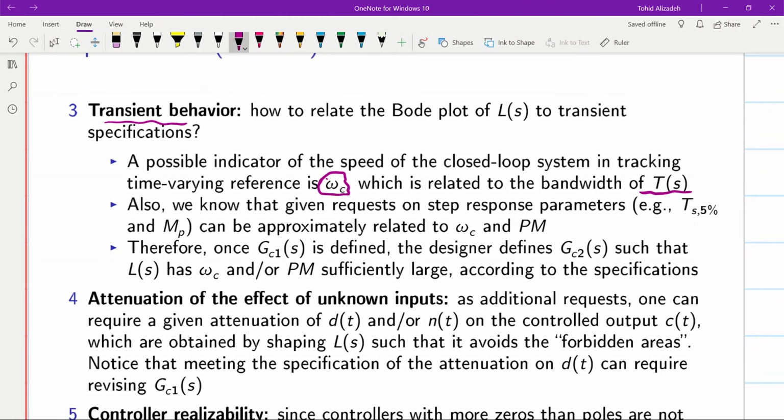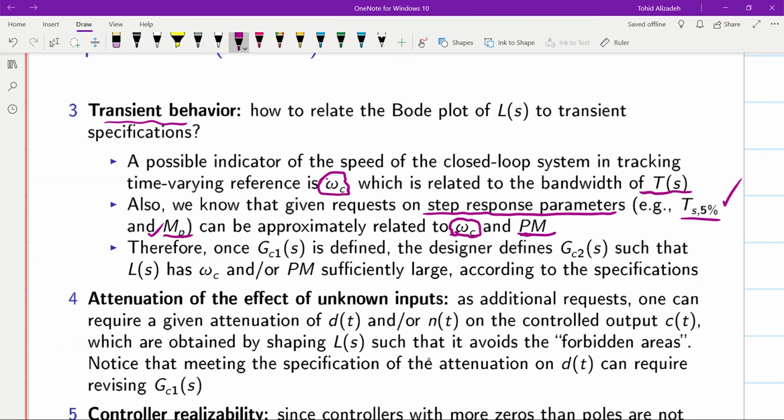We also know that given requests on step response parameters, such as settling time and overshoot, we can approximately find some values for the omega c and the phase margin. So depending on how much settling time and overshoot is required, we can find the desirable values for the omega c and phase margin, and then in designing the controller we try to achieve them.